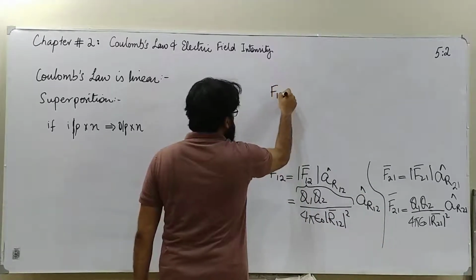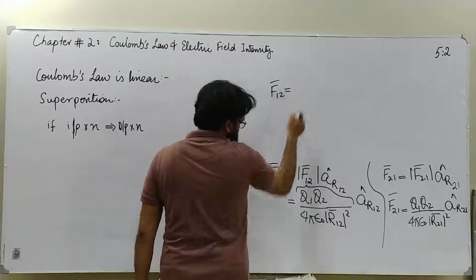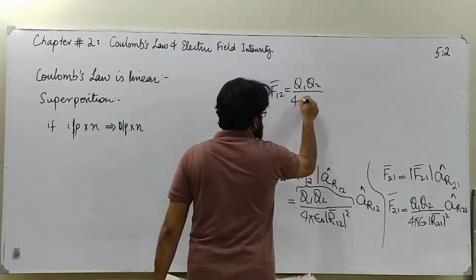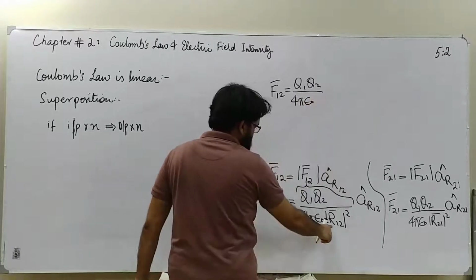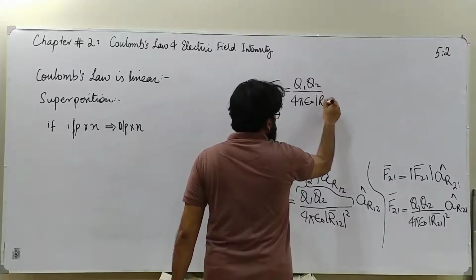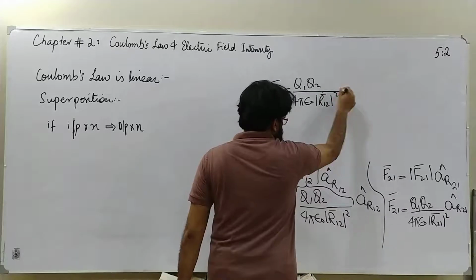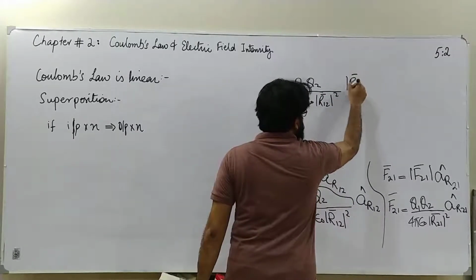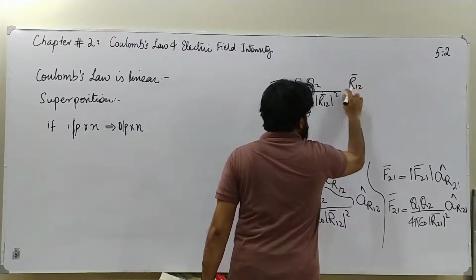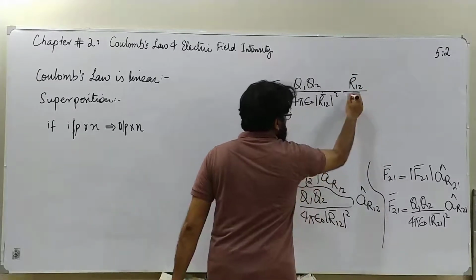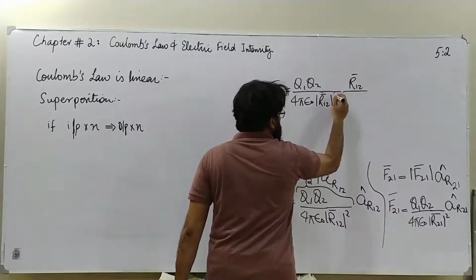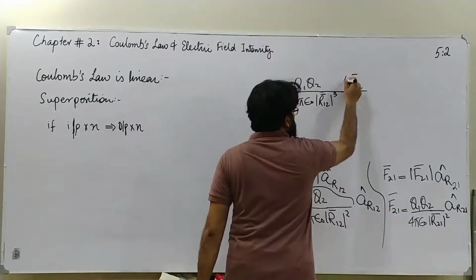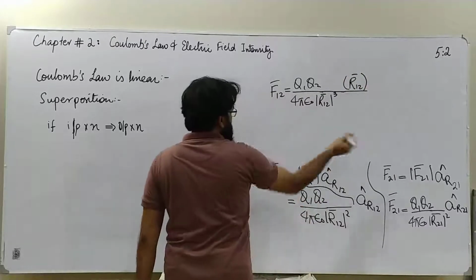Let's say I've got this F12, so this is nothing but Q1 Q2 upon 4 pi epsilon naught magnitude of R12 squared, and this unit vector aR12, which is nothing but R12 divided by its magnitude. Divided by its magnitude means that instead of square, I can make it cube. So this is another way of writing it.